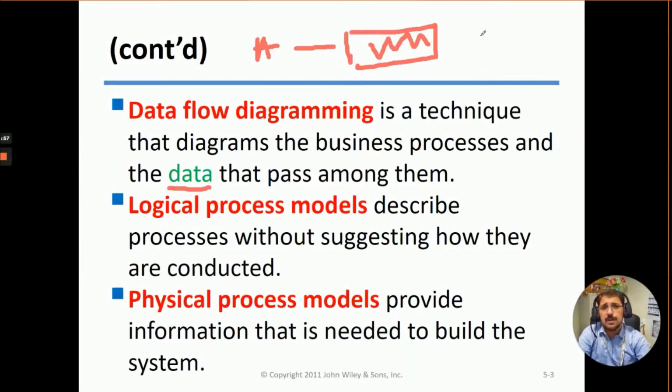Then it will go out as an output, or maybe it will enter another process. So the whole process we will show, but the main focus here is on the data. This is why it is called a data flow diagram, how the data flows.